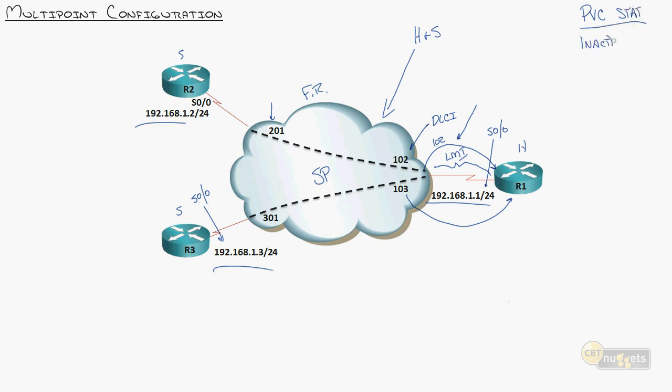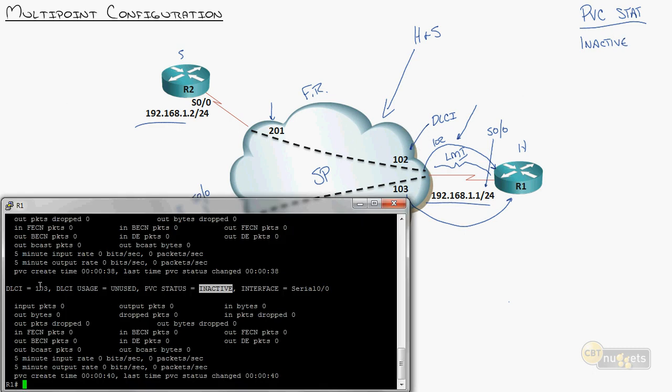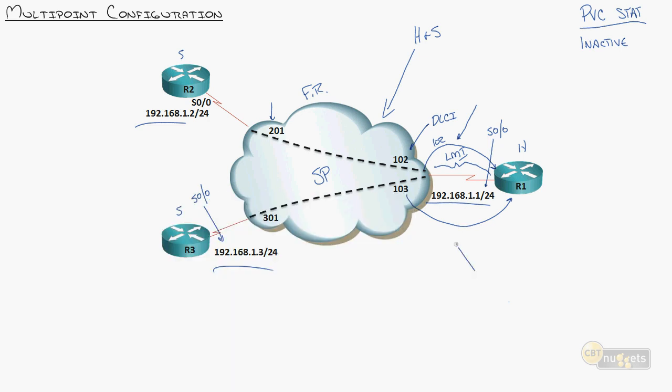What that means is the DLCI number is valid, as in DLCI 102 and 103 right here are recognized by the service provider, as LMI was like, yeah, I'm totally on board with you, but the other side is not working. So if you see status inactive, that should immediately signal you, okay, something's wrong with the other side. Now, the opposite of that is status of active, right? That's good. We want to see that. That means both sides are talking, life is good.